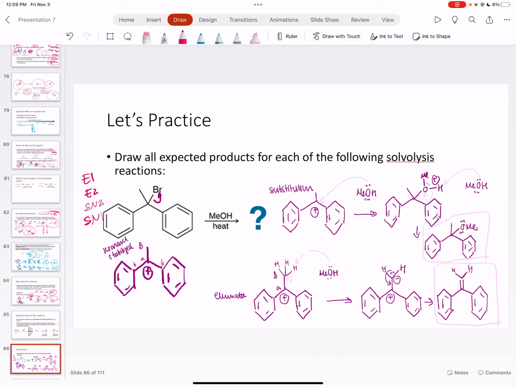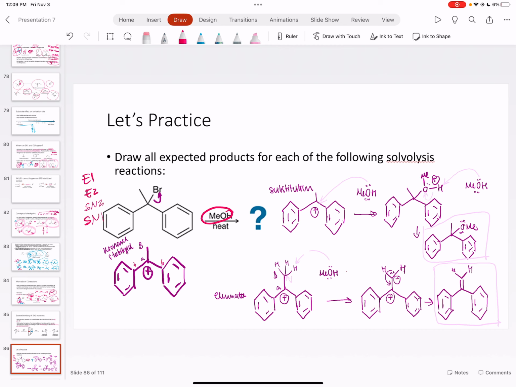So then, okay, we can first analyze this one. So for example, we have MeO-H. We said that normally E2s and SN2s proceed with a negative charge, right?